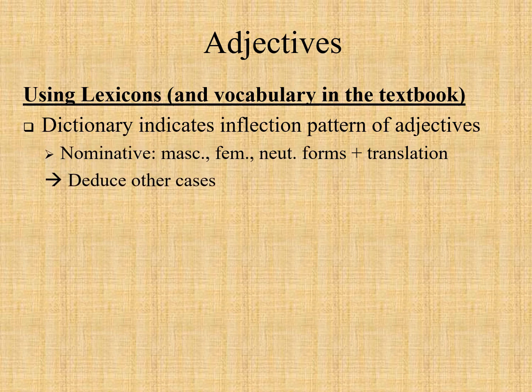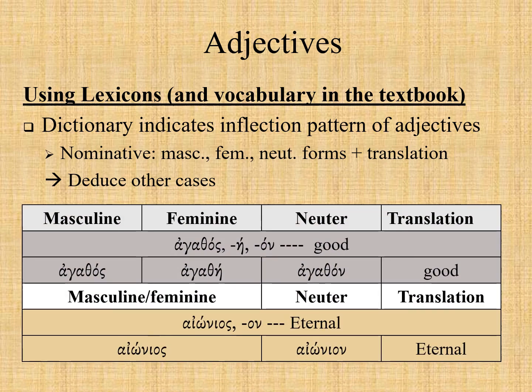And if you know the nominative case in masculine, feminine, and neuter, then you would be able to deduce other cases, genitive, dative, and accusative forms of that word. So here's an example. We have here agathos, agathe, agathon, and the translation would be good. This is what you would see in your textbook vocabulary or in a dictionary.